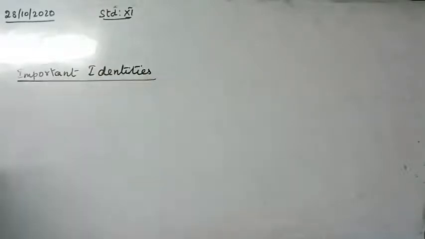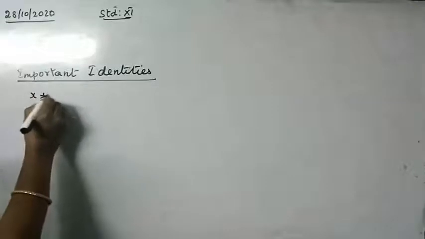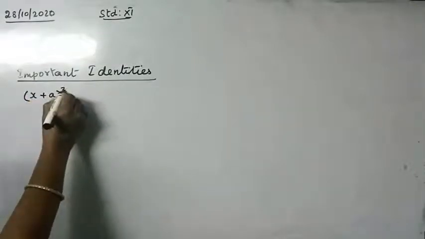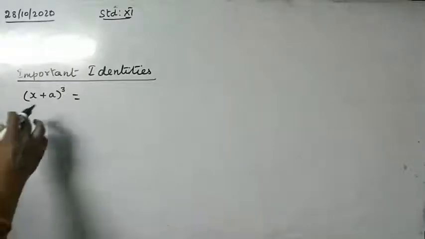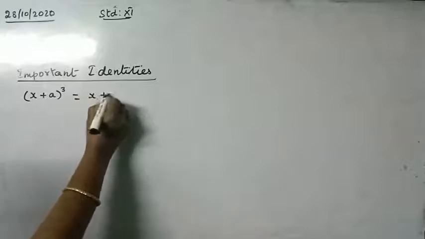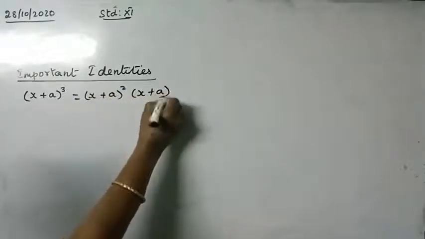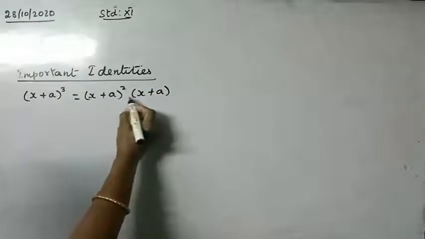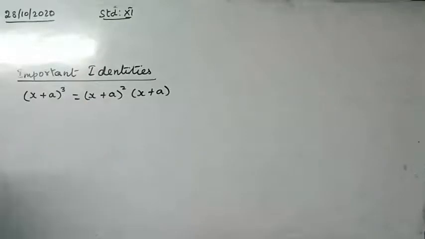So already you know that a plus b the whole square is equal to a square plus 2ab plus b square. Same way if I take x plus a to the whole cube. So this is a cubic equation, and this is an identity, and we can write it as x plus a to the whole square into x plus a. That is a quadratic equation multiplied with the linear equation, we will get the cubic equation.